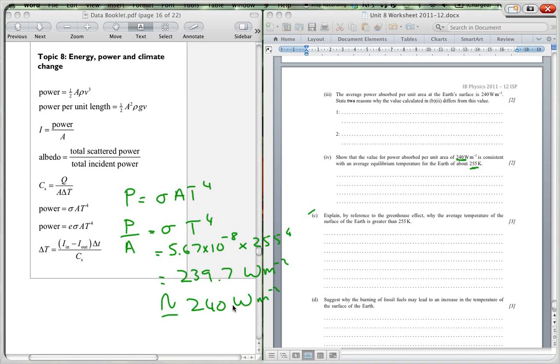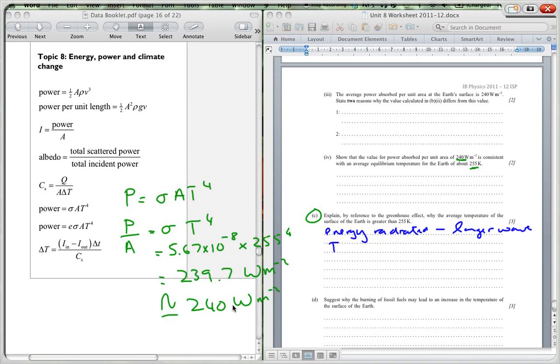And then it says, explain by reference to the greenhouse effect why the average temperature of the surface of the Earth is greater than 255 Kelvin. Well, the energy radiated from the Earth's surface is longer wave.